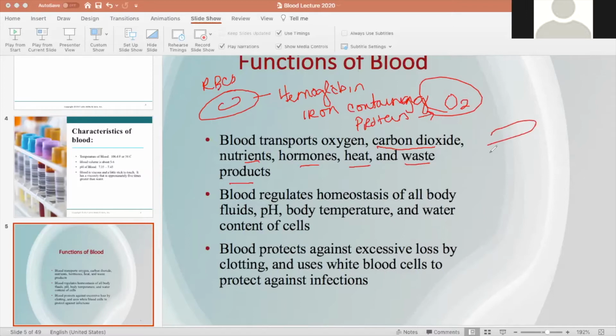But that is the job of the plasma, right? So plasma, we said, is 91.5% water, right? But what we see in the plasma is our nutrients, our hormones, our waste products, and this is where we also can carry some heat.